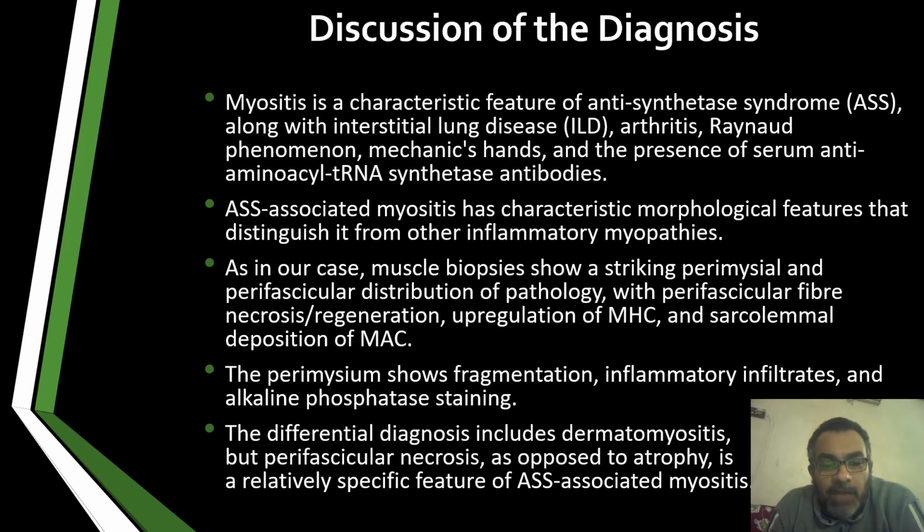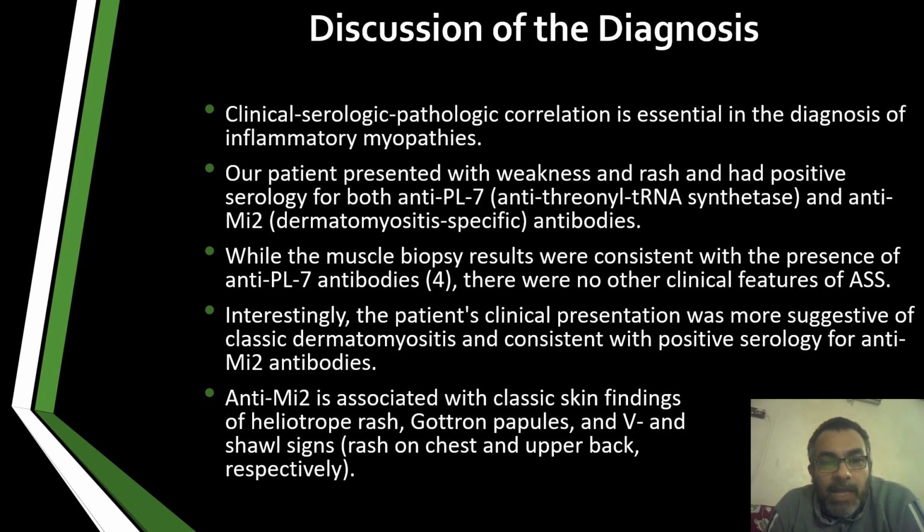The differential diagnoses include dermatomyositis, but perifascicular necrosis, as opposed to atrophy, is a relatively specific feature of ASS-associated myositis. Clinical, serological, pathological correlation is essential in the diagnosis of inflammatory myopathies.